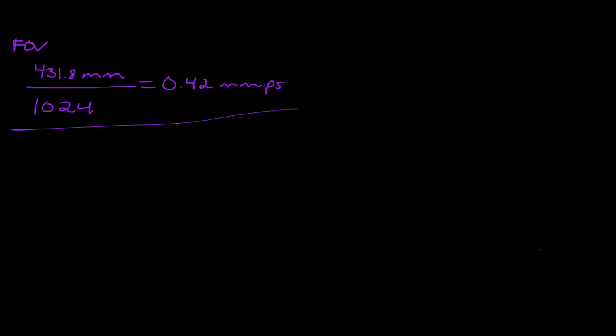So now we're going to go down here, and instead of changing our field of view from 17 inches down to 12 inches like before, this time we're changing our matrix size. So for the second part, we're going to keep our field of view the same, 431.8 millimeters. And we're going to divide this by our new matrix size, which is 2048.